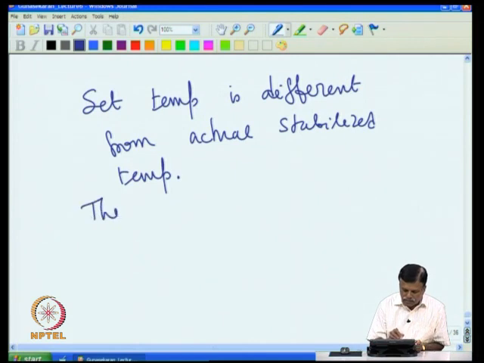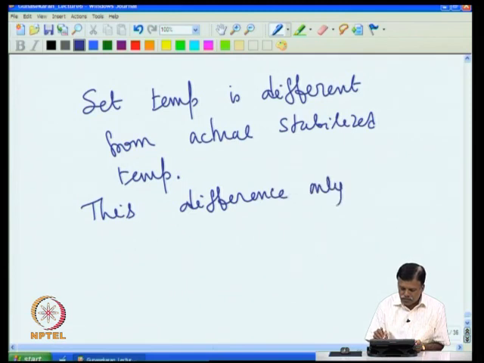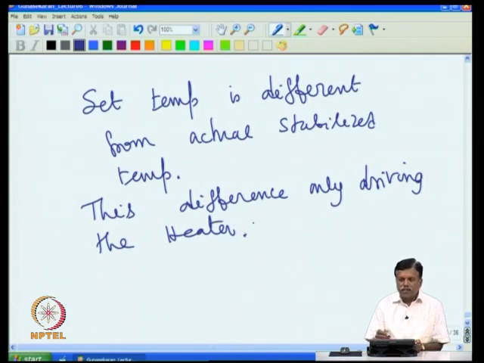This difference only drives the heater. This is a very important point that we have to remember in a proportional controller, and this difference produces a secondary effect.